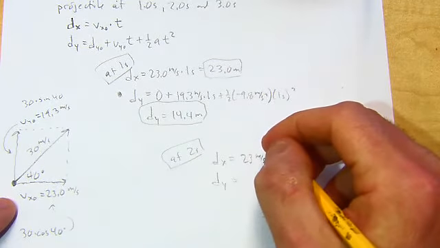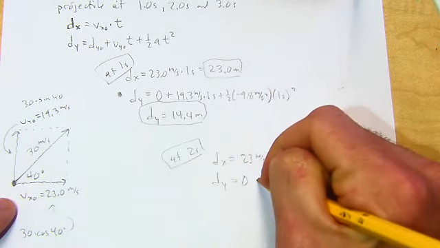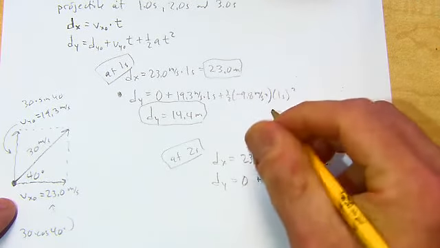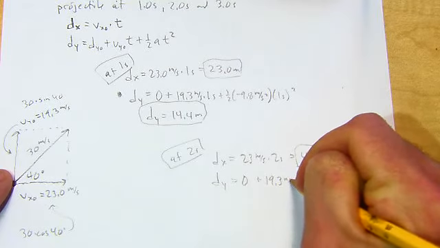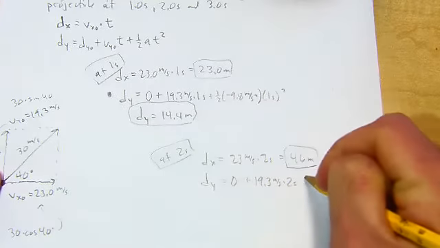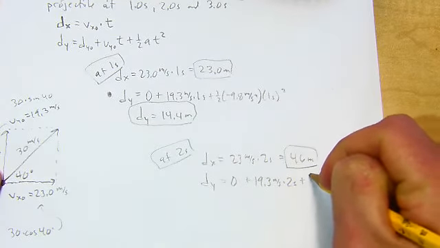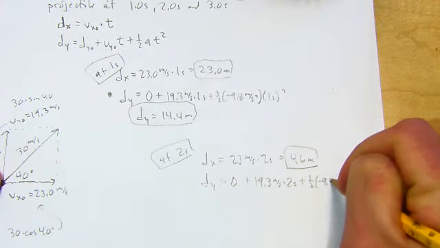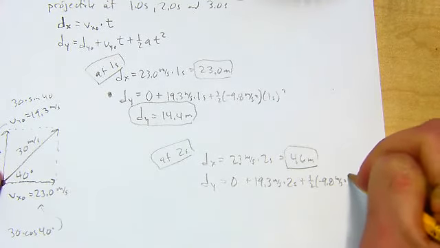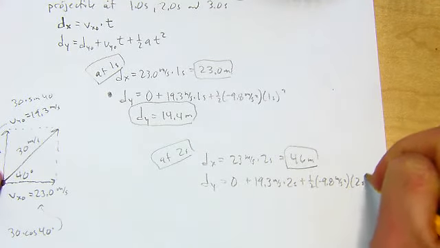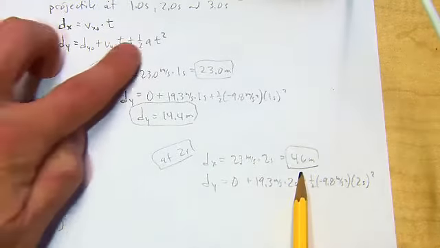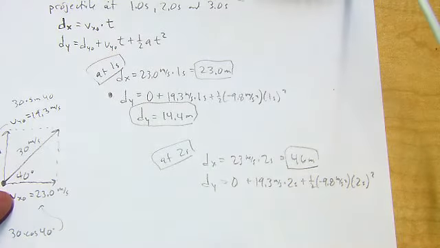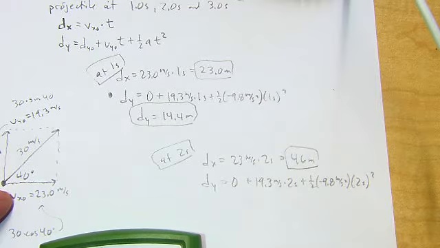dy, go back to your equation. Our dyo is 0. Our vyo is 19.3 times 2 seconds now, plus 1/2, negative 9.8, times now 2 seconds squared. So I'm just plugging in 2 for the time here is all I'm doing. Okay, that one, let's work that out. 19.3 times 2.